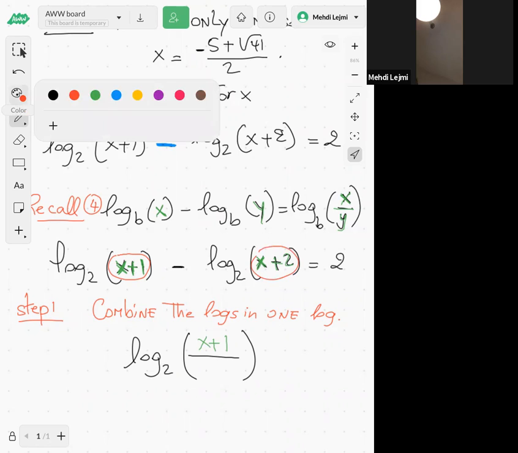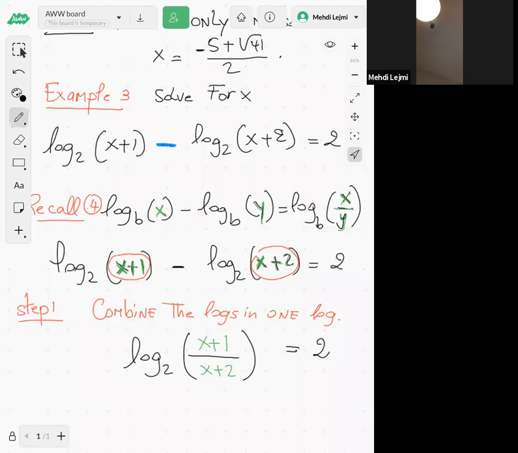And the right side just stays the same. So here, the log of the difference between the 2 logs is the log of the quotient, x plus 1 over x plus 2. So now I got just 1 log, right? And then I can move to the next step.